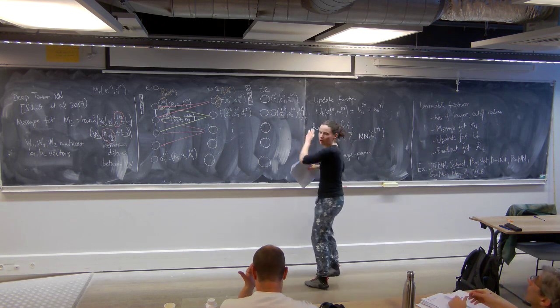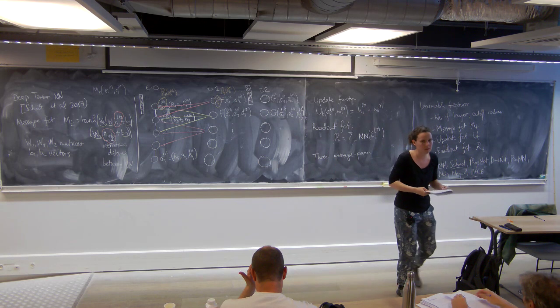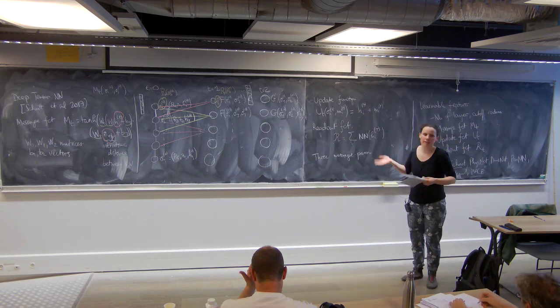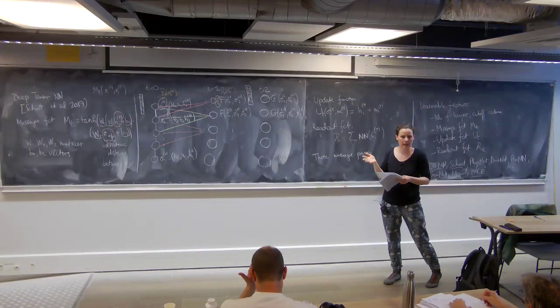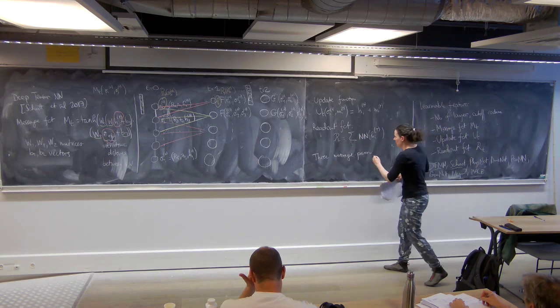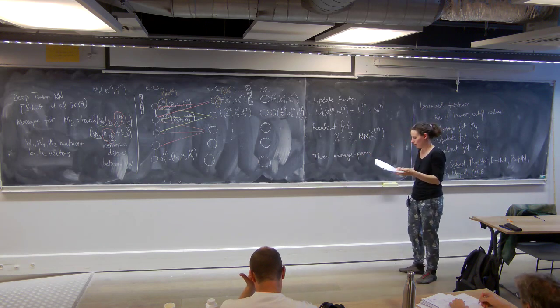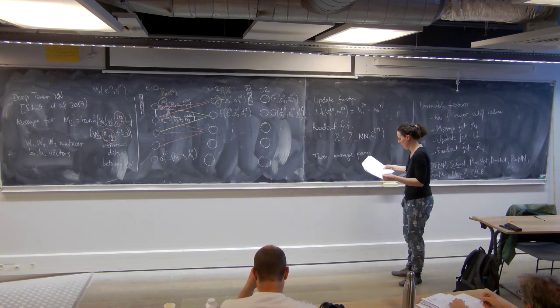Capital T would be the number of layers. Yes. It's just that I don't think people use the name layers for message passing neural networks. You just say message passing steps. But in this representation, this is the number of layers.